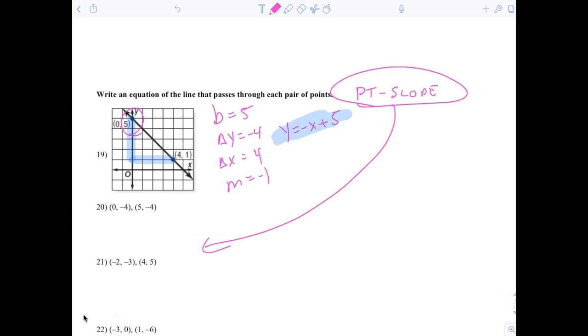All right. So for 21, I'm going to do 21 with you. All right, what am I missing on 21? Slope. So m equals y2 minus y1 over x2 minus x1. So it will be 5 plus 3.